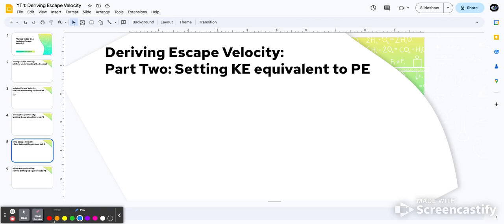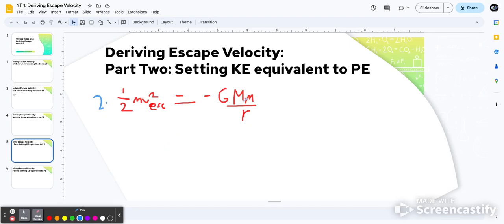So we can set the kinetic energy, which in case you don't know is 1/2 mv squared, with v escape, equal to the universal potential energy, which, as you'll recall, is negative GMM over R. Now there's no more calculus needed, in case you're afraid of that. Now it's just simple algebra.